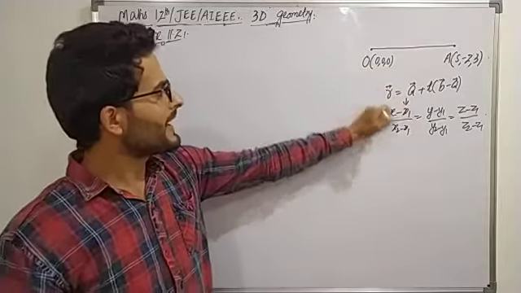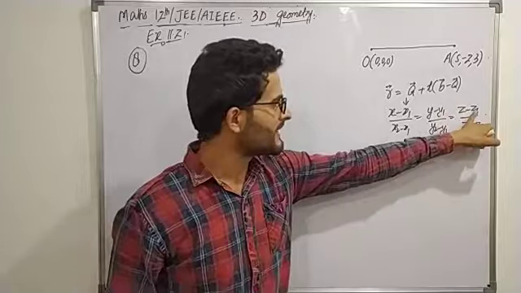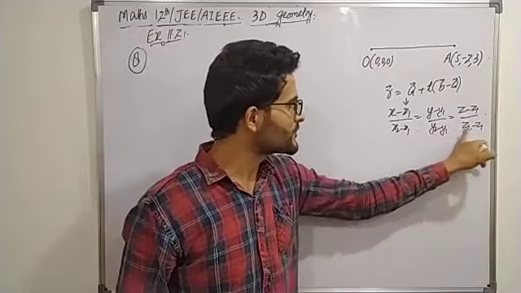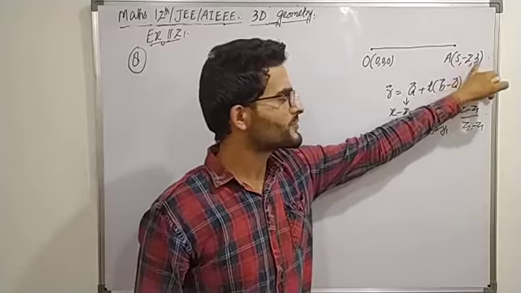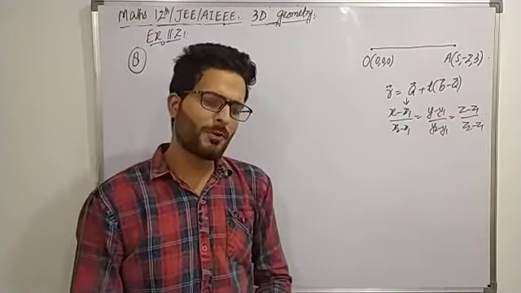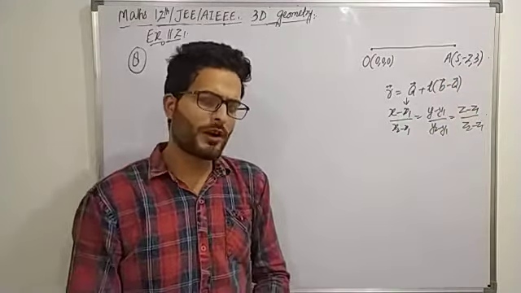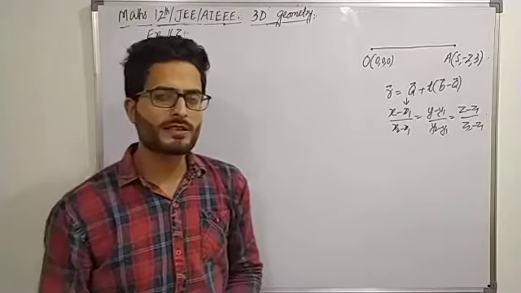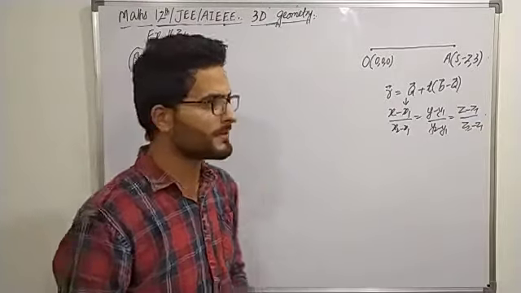So here, instead of x1 y1 z1 we have 0 0 0, and instead of x2 y2 z2 we have 5, minus 2 and 3, where x, y and z are the coordinates of any point on the line. x1 y1 z1 are the coordinates of the first point through which the line passes, and x2 y2 z2 are similarly the coordinates of the second point through which the line passes.